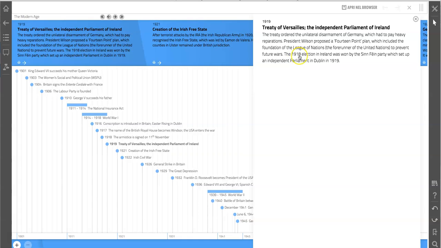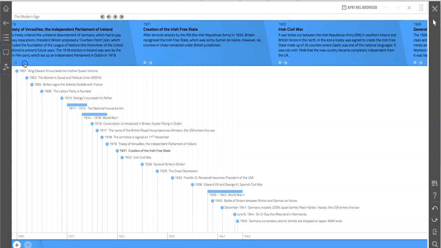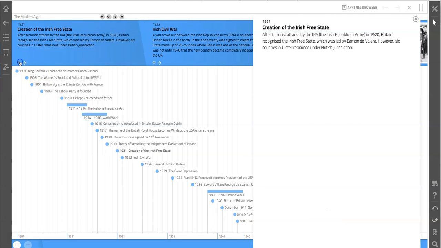The 1918 election in Ireland was won by the Sinn Féin party, which set up an independent parliament in Dublin in 1919. Now let's go to the creation of the Irish Free State.